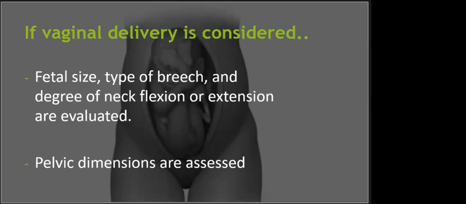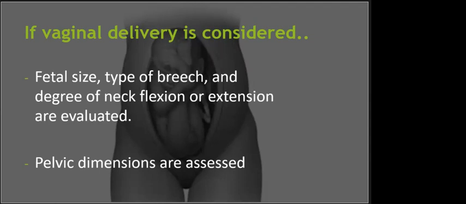You also have to know pelvic dimensions. The pelvimetry must be adequate for you to deliver a breech, so that you are able to assess for cephalopelvic disproportion, because if you deliver a breech and there is cephalopelvic disproportion, you might not be able to deliver the aftercoming head.